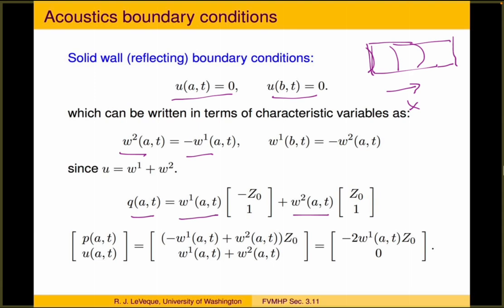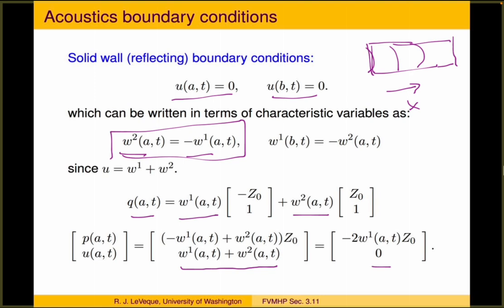And if you just add those together, the velocity component is simply W1 times 1 plus W2 times 1, which is just W1 plus W2. So if we want the velocity to be 0, we can just make sure that W1 plus W2 is 0. And that's what we accomplish with this sort of boundary condition.